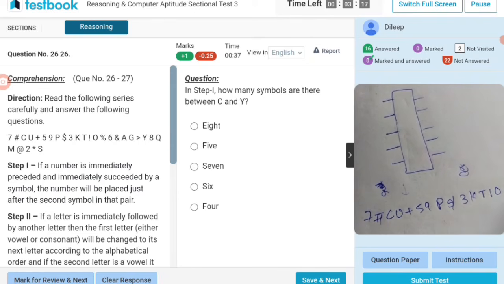So I think 6. So 2. Will we place just after the second symbol in the pair?